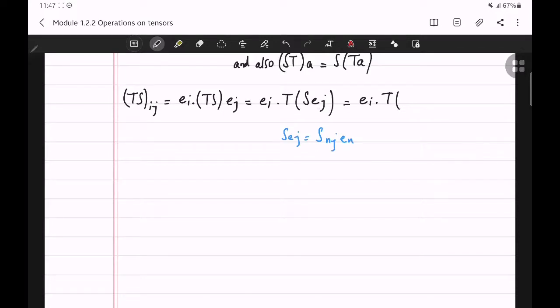So instead of writing S ej, we can write Snj en. Now you can take out Snj, so this becomes Snj ei dot T en, which is the same as Tin Snj.